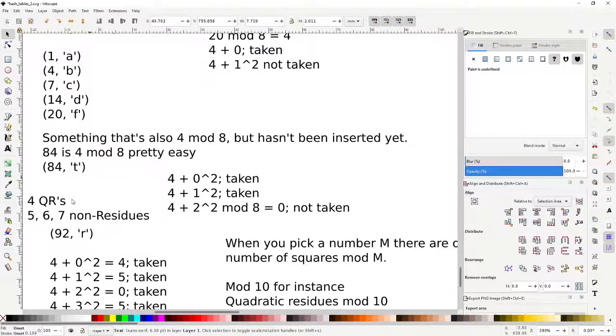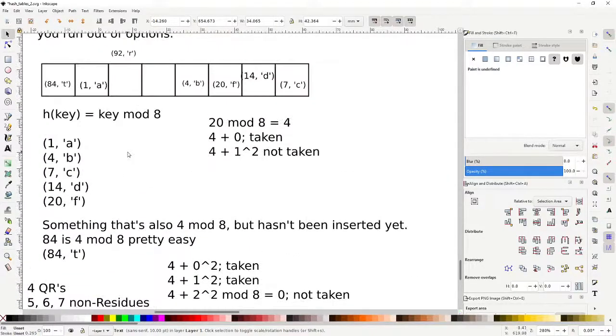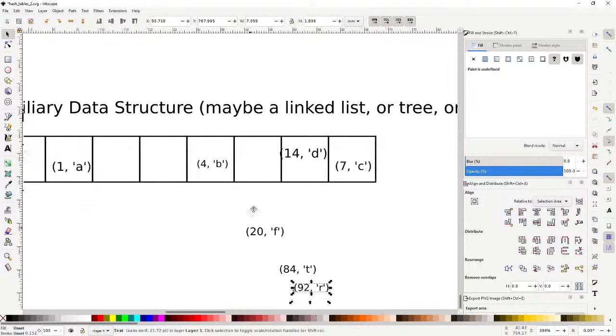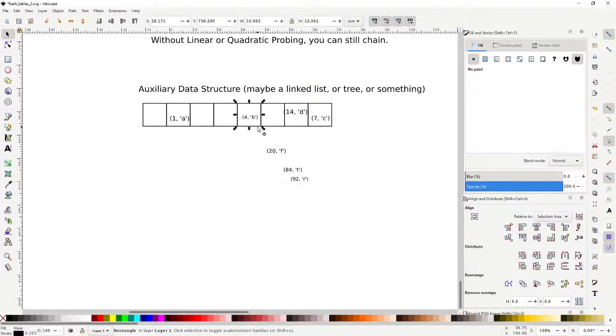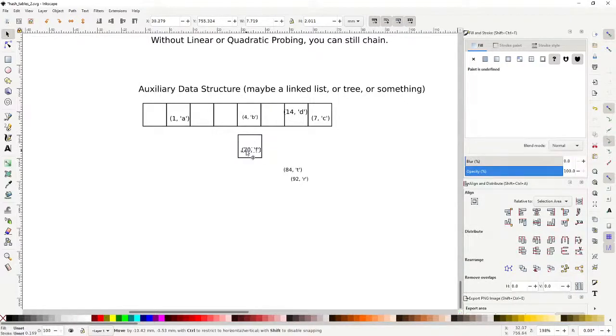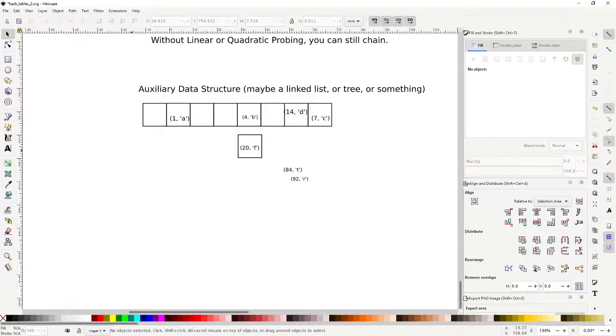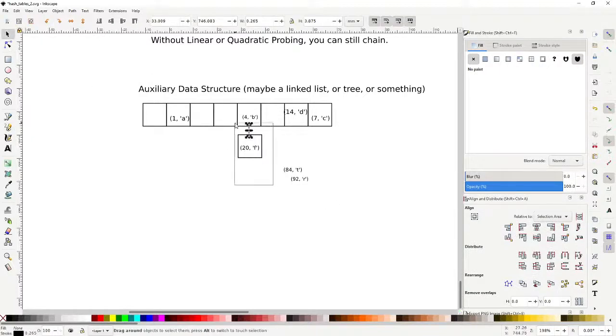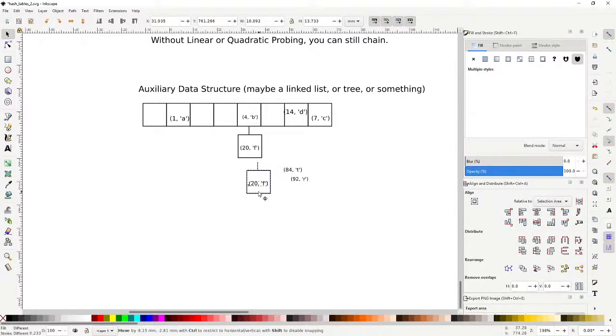And then the 92, I guess, also collides. And so the right answer here, when you're doing chaining, is that there's going to be a linked list that appears here. And so that's going to be the way to resolve these collisions. Now, doing it with a linked list is not great, but, you know, who cares, I guess.